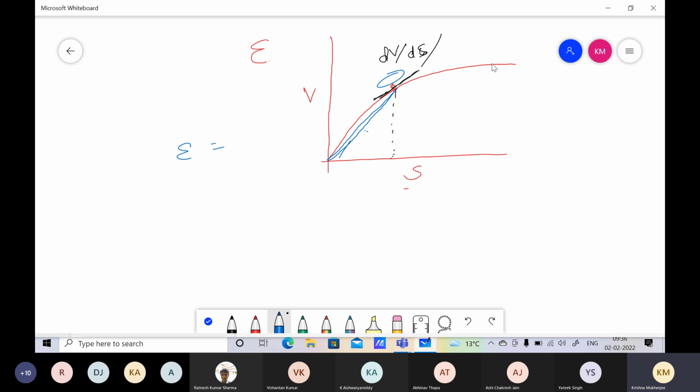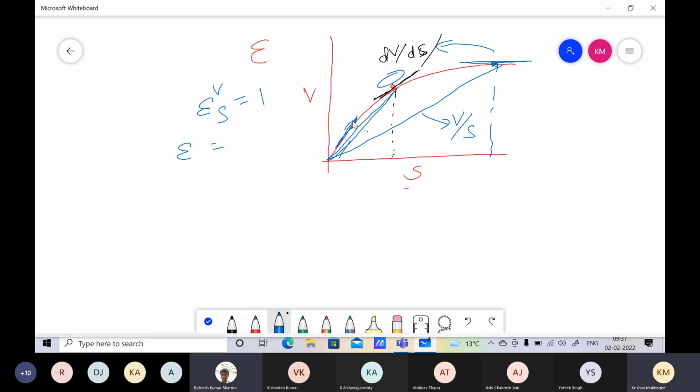So if we find the value of V by S here, this is this tangent divided by V by S, which is this line. The slope of this divided by the slope of this, because this line is V by S and this is dV by dS. So can you make out now why in a first order reaction, E is equal to 1? That becomes obvious, right?